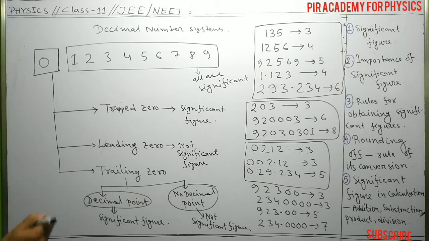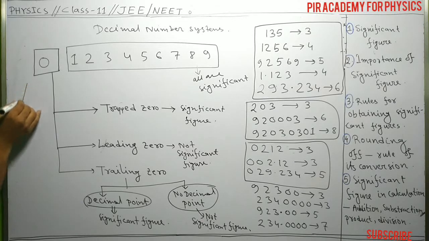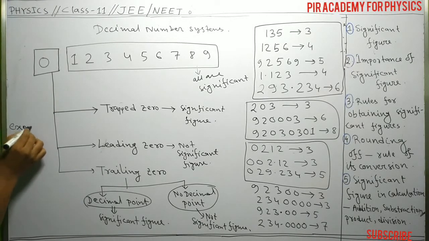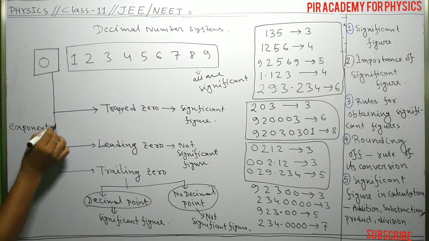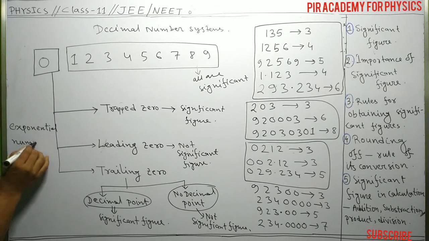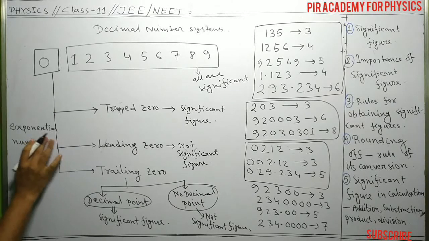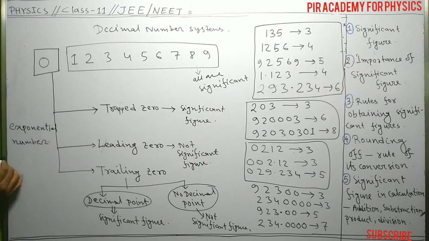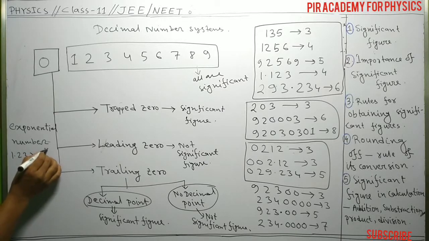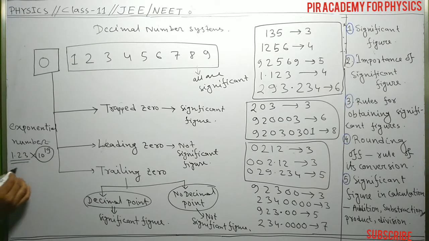Then if there is an exponential number, for example 1.23 times 10 to the power 19, the exponential part is not counted as significant figures. Only 1.23 counts, so the number of significant figures is 3.